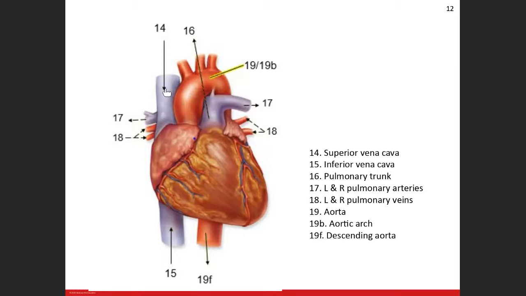Here is the superior vena cava. This is the inferior vena cava. They both drain into your right atrium, right over here. And then the blood moves into the right ventricle, and it gets pumped out of the right ventricle into this blood vessel right here. That's the pulmonary trunk.